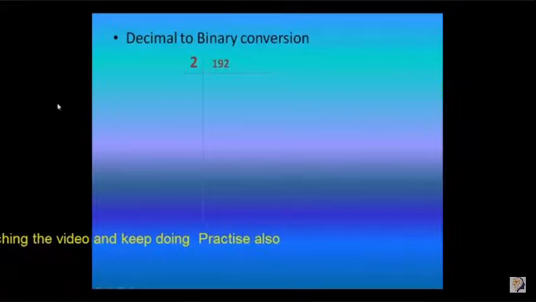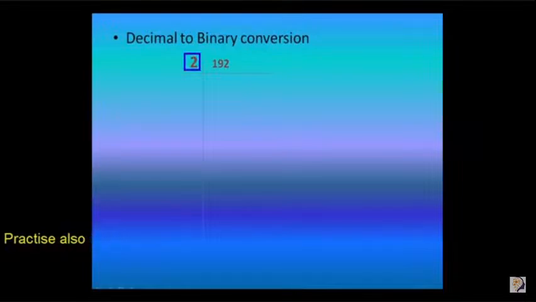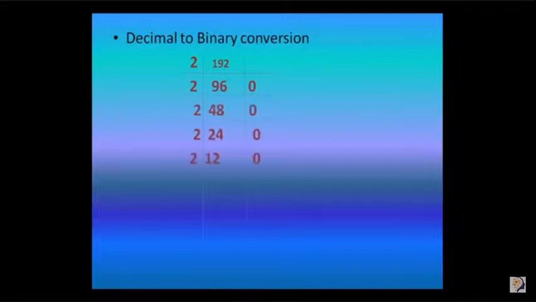So what do I do? I divide by 2. 192 divided by 2 is 96, remainder 0. 48, remainder 0. 24, remainder 0, divided by 2. 12, remainder 0, divided by 2. 6, divided by 2, 3, again 3 divided by 2, 1 and remainder 1.